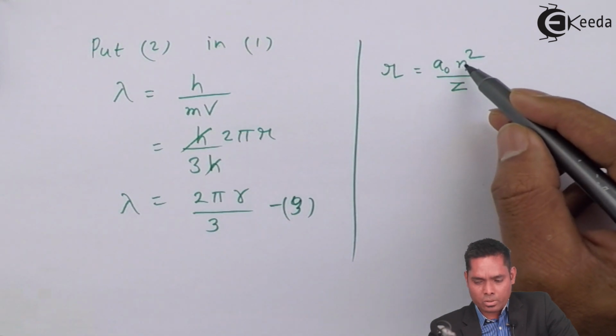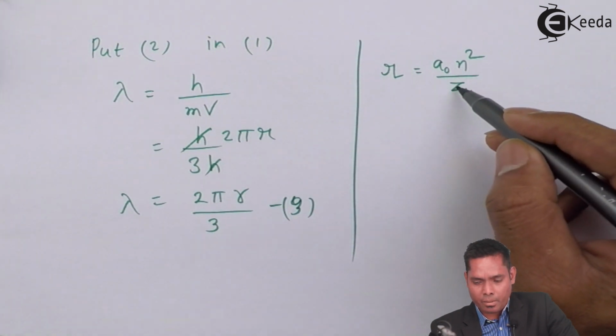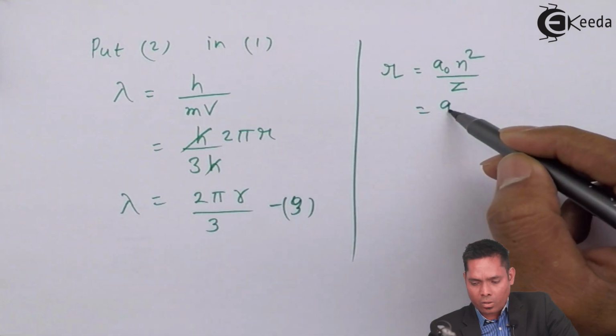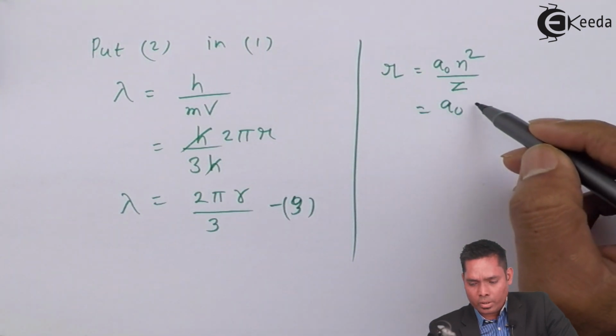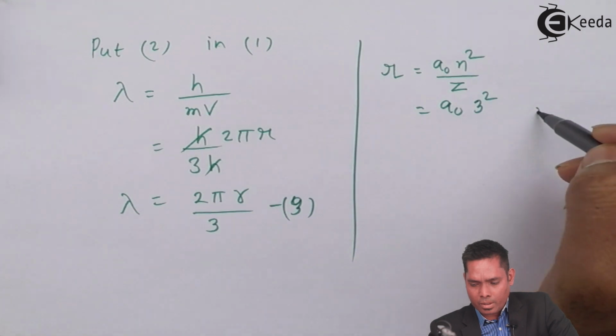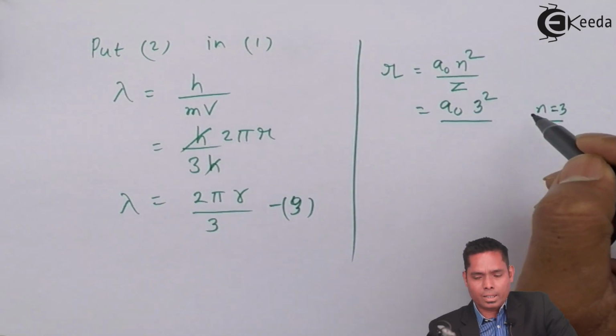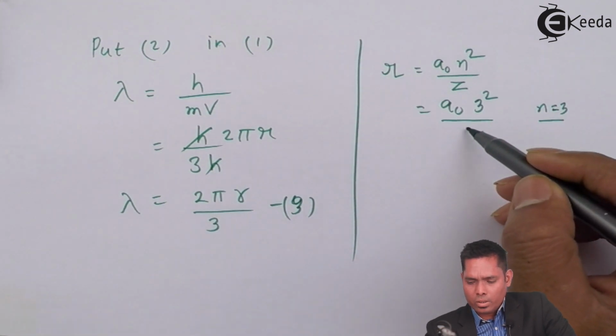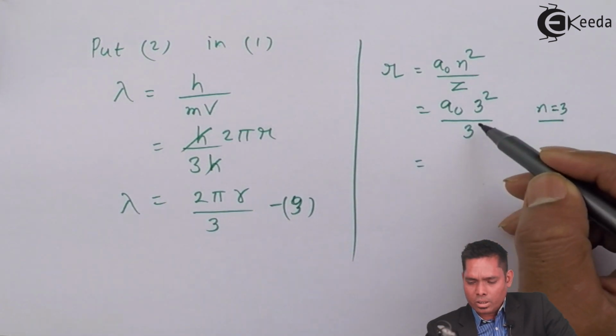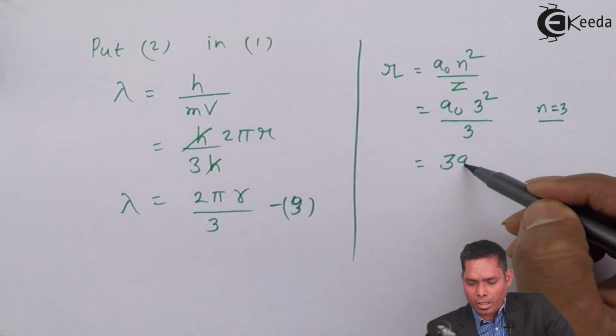For the third orbit it is n square, that is 9, times a naught, divided by Z, which for lithium is 3, so the 3 cancels out and it becomes 3 a naught.